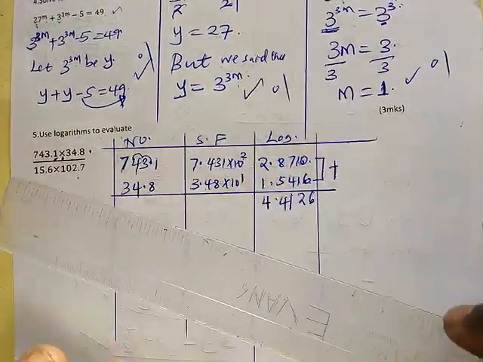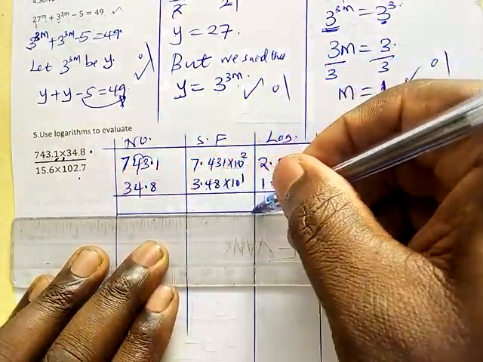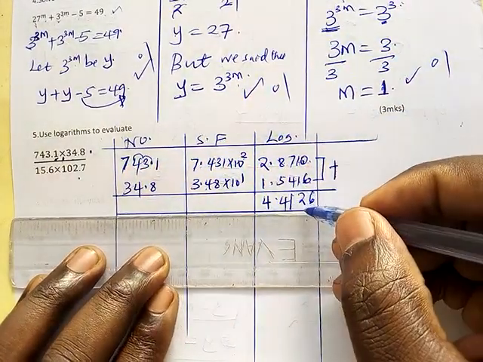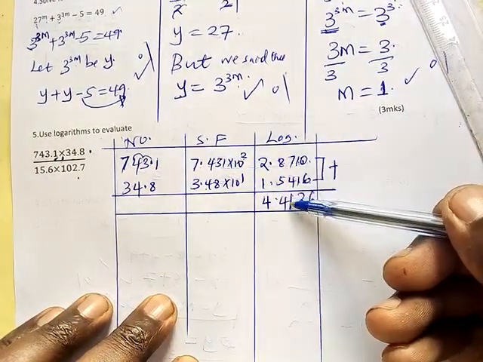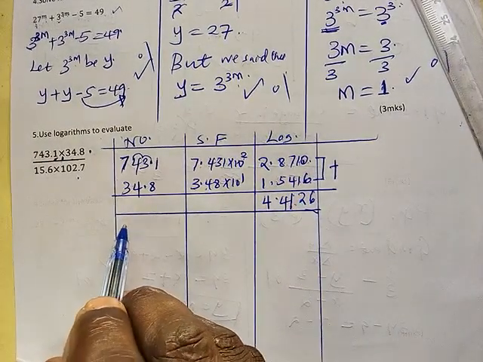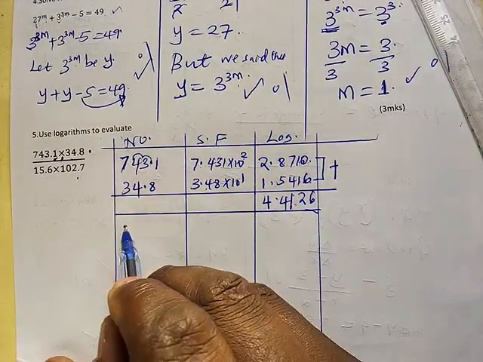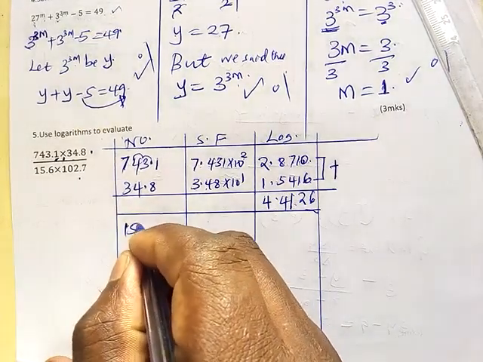So this is the answer for the numerator. You close it. You are telling the teacher that this is the answer for the numerator. Now when you come here, you are dealing with the denominator, and the teacher knows that this one is the denominator. So now here, this is 15.6.